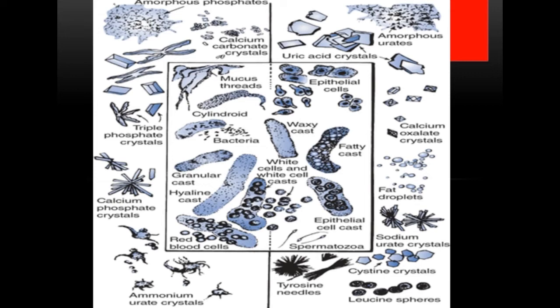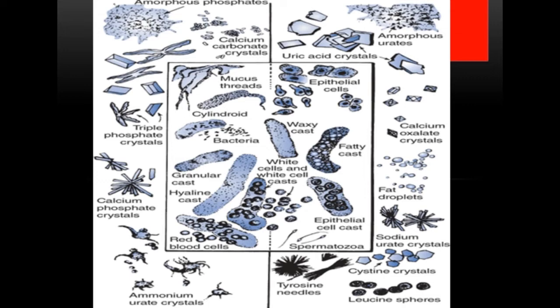it shows the alkaline reaction, and at another side it shows the acidic reaction, and basically these are all crystals. These are all crystals on the outside, and these are basically unorganized material, and there may be certain casts and certain simple single crystals. In alkaline reaction we have calcium phosphate, ammonium urate crystals of different shape, triple phosphate crystals, calcium carbonate crystals, and amorphous phosphate crystals of no shape.